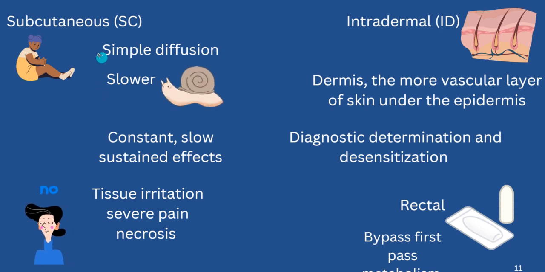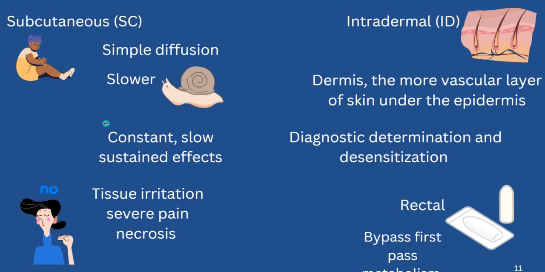Like the depot injection, it also has slower absorption and slower onset of action. We can give a constant, slow, sustained action of the drug. With drugs like insulin, the patient has to take long-acting insulin and short-acting insulin, right? If the patient has to take a long-acting insulin, it has to act for a longer duration and have a sustained effect, so we'll go for subcutaneous injection.